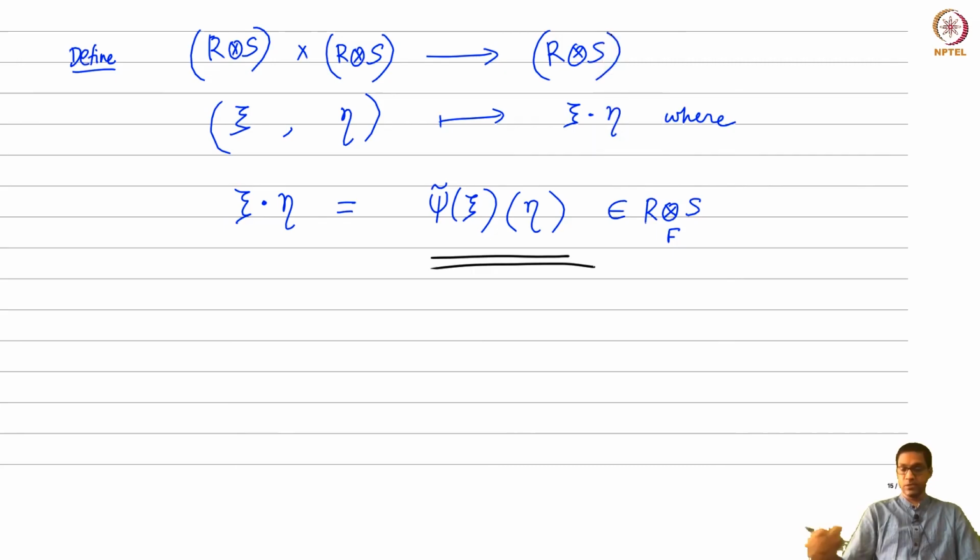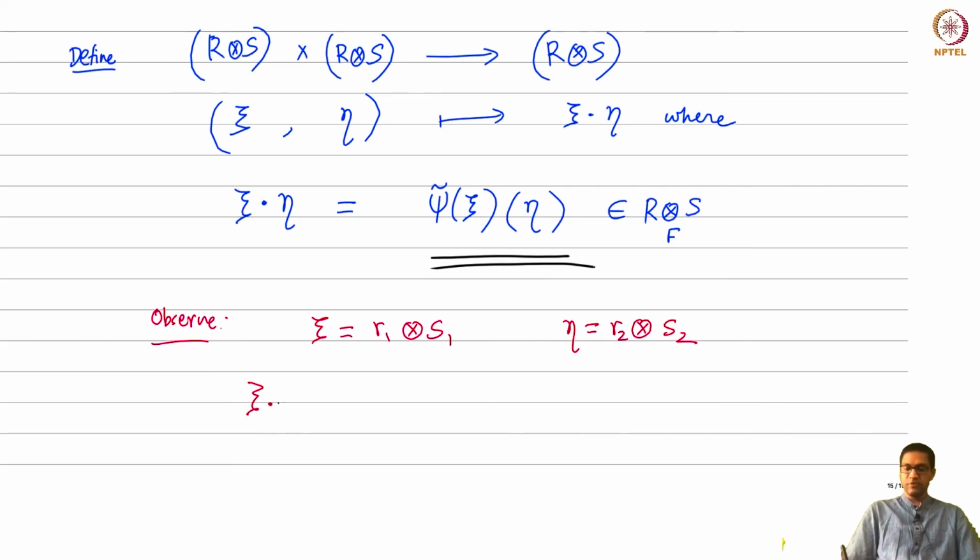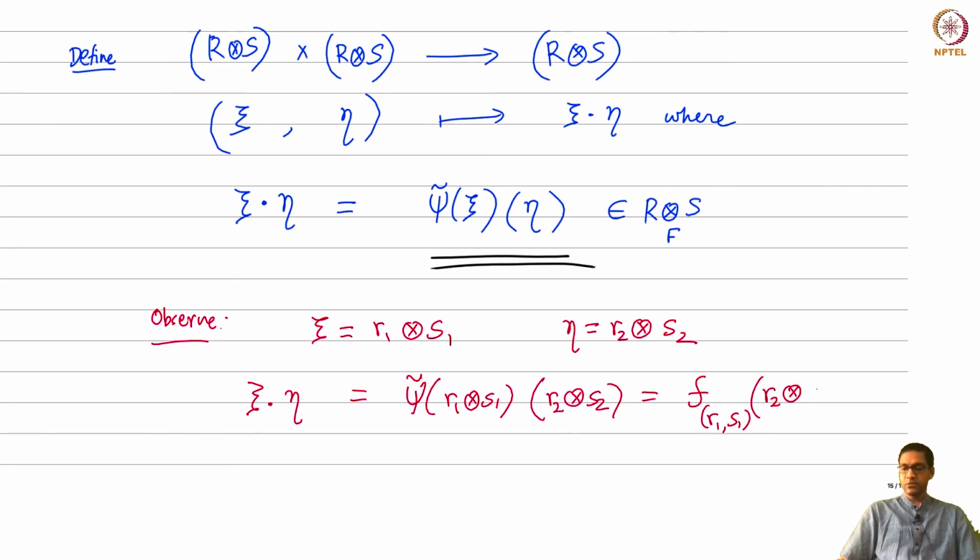Okay, but now observe that this definition has the following desirable property, that if xi and eta are both decomposable tensors, if this looks like this, then what's this new definition I have made? Well, it's just going to be, I evaluate psi tilde on this, evaluate the answer on this. Okay, but then we just saw psi tilde is nothing but F sub R1 S1 evaluated on R2 tensor S2.